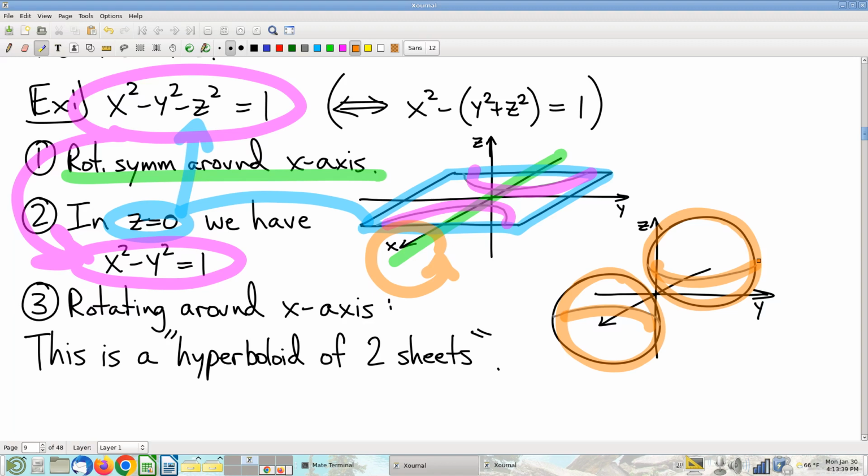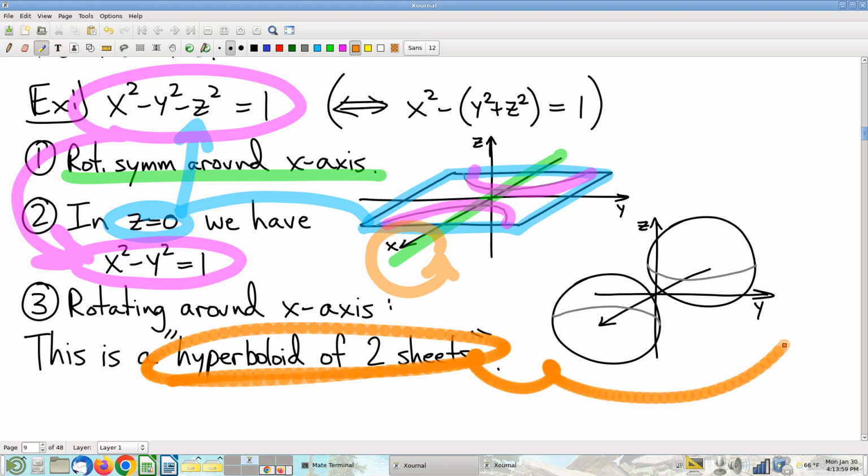I don't know what y'all see in this picture. To me it looks like a contact lens. This picture is what I like to call the staring contest. It's two eyeballs just pointed right at each other. Anyway, the more common standard name for this is hyperboloid of two sheets, because it's literally a rotation of a hyperbola.